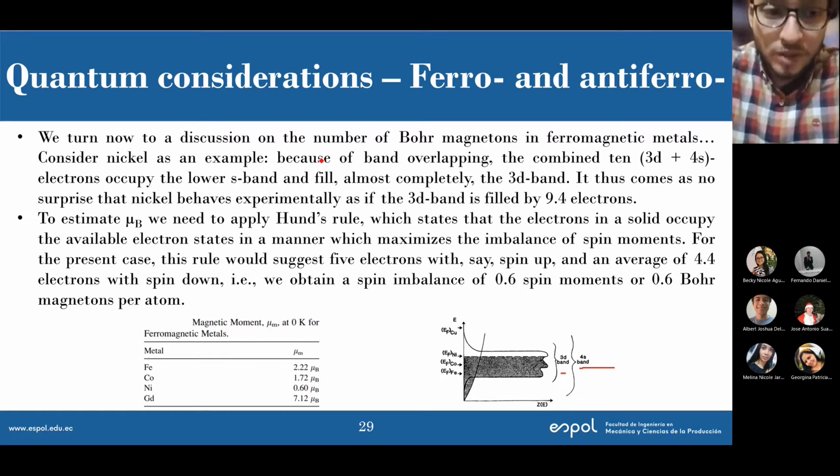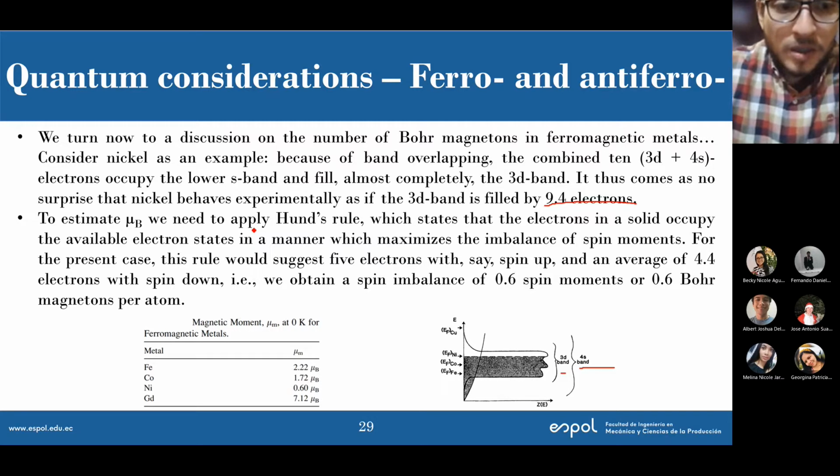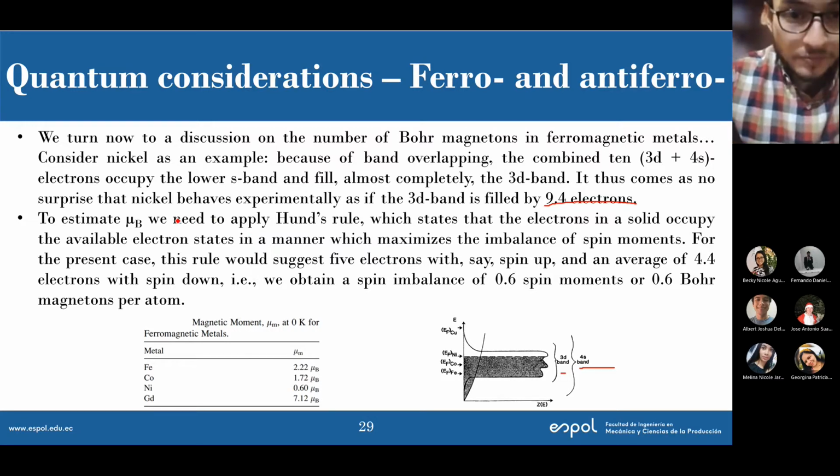And that's why, experimentally, it's been determined that the 3d band in nickel is filled by 9.4 electrons. So if we need to estimate the number of Bohr magnetons, we need to apply Hund's rule.